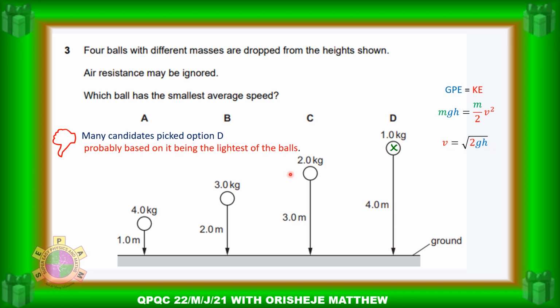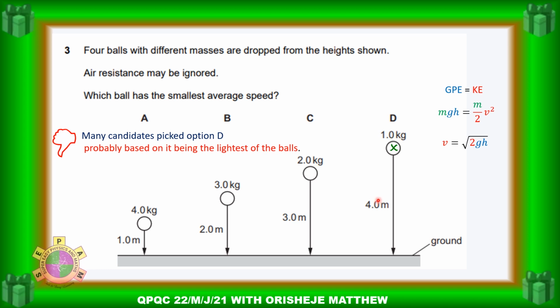If you apply that to each of these balls, you see that the mass does not affect the speed. 4 kg, 3 kg, 2 kg, and 1 kg, if we drop them from the same height, all of them are going to fall with the same speed.